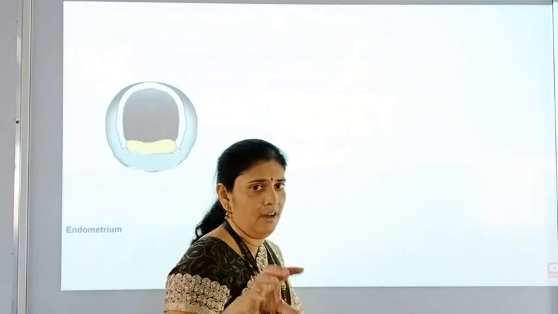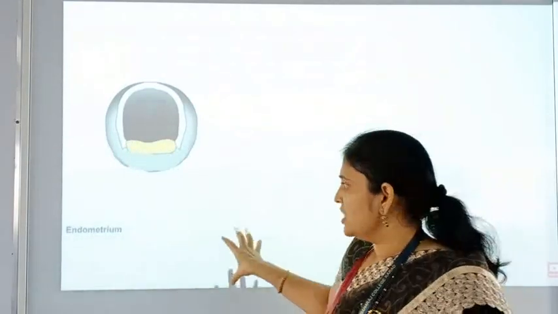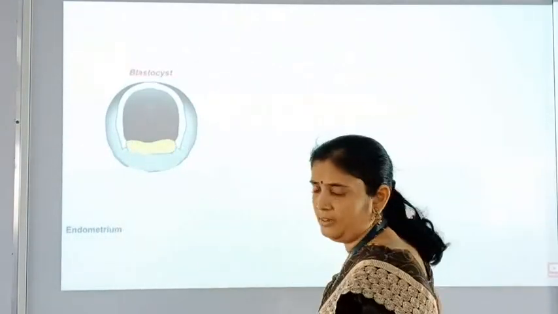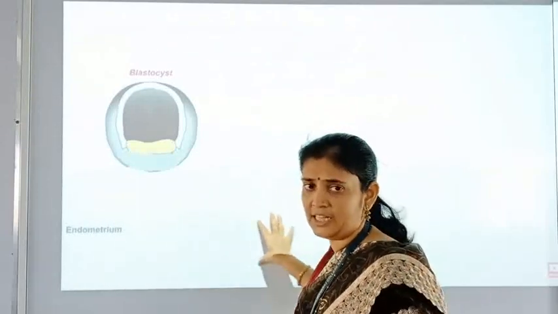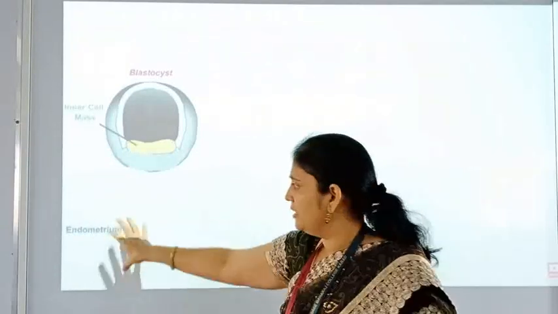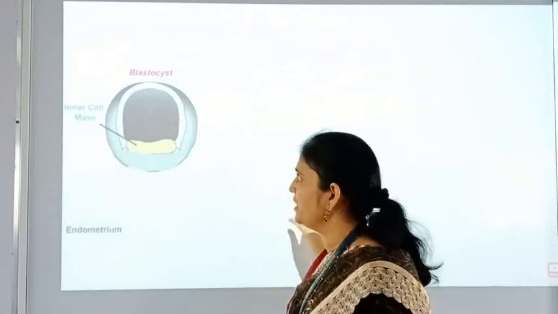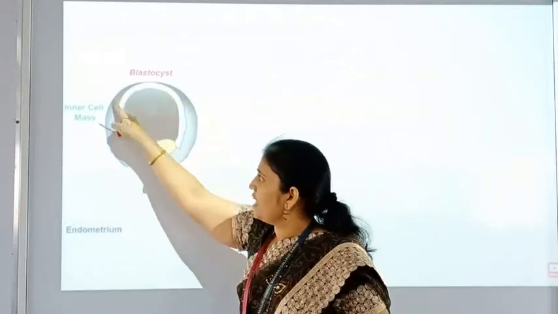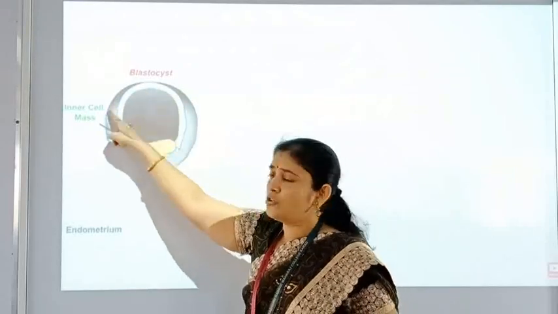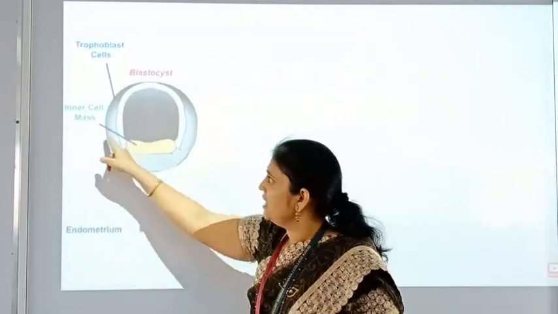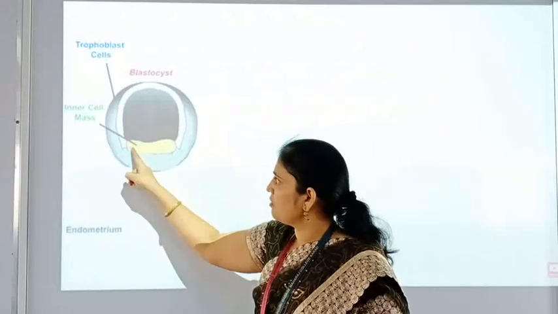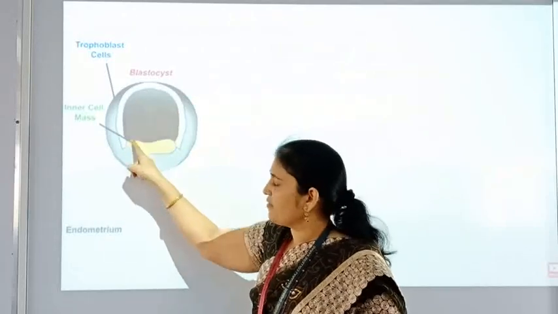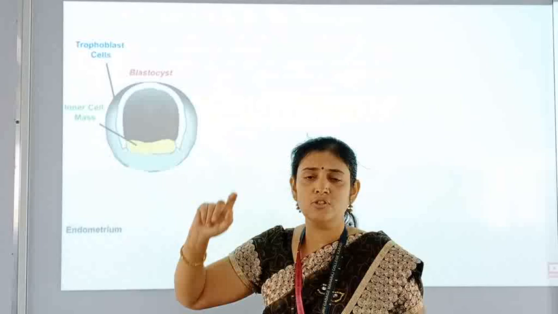So in this video we see the endometrium, the innermost layer of the uterine wall, and this is the blastocyst. This is the outermost layer, called the trophoblast, and this is the inner cell mass, the yellow colored structure, and this is the cavity, also called the blastocyst cavity.